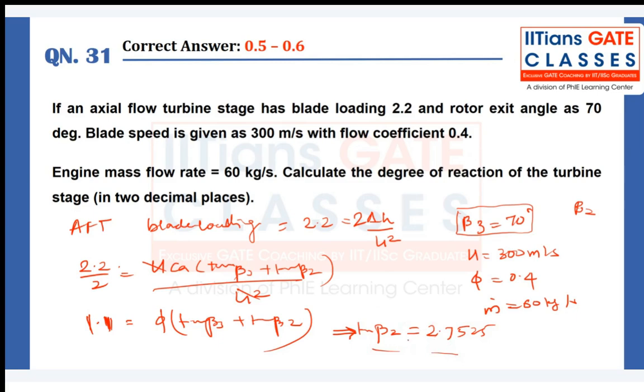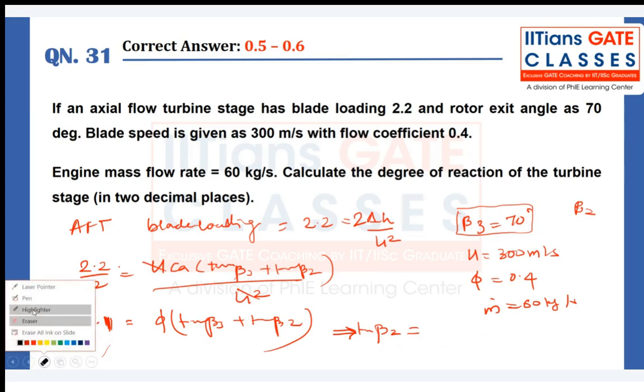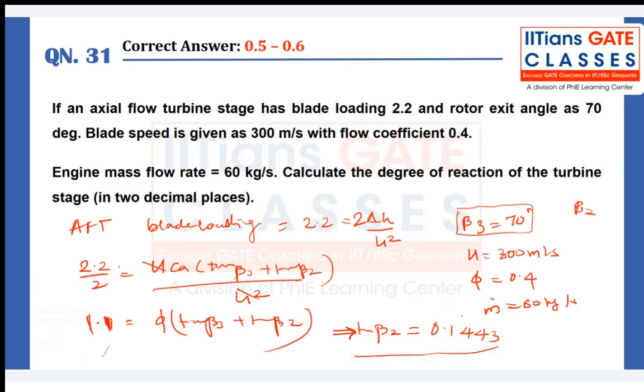So I think it comes around 0.1443 tan beta 2.